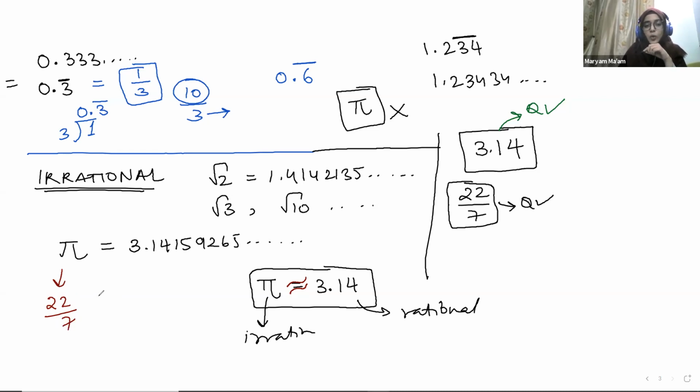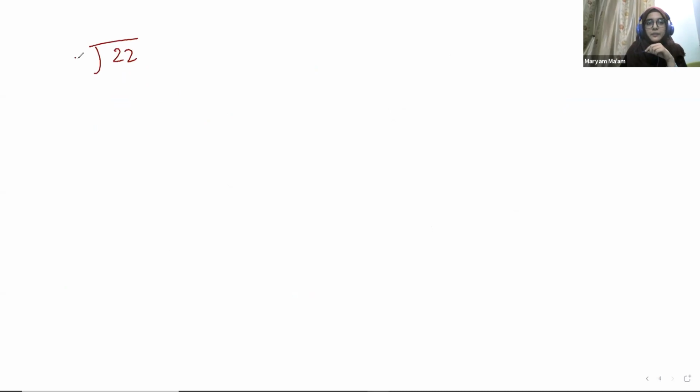So does anyone know what is the value of 22 by 7? Have you ever tried dividing 22 divided by 7? Has anyone ever tried? All right, how about you try it right now and tell me what the value comes out to be?